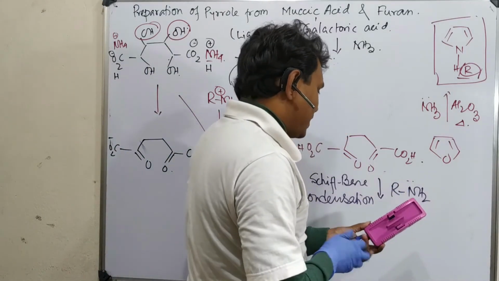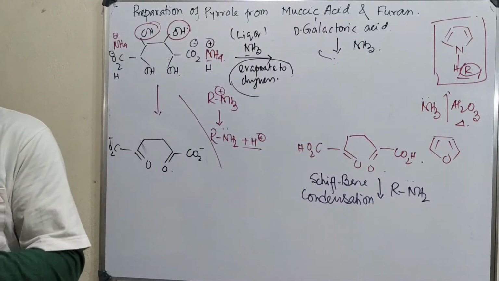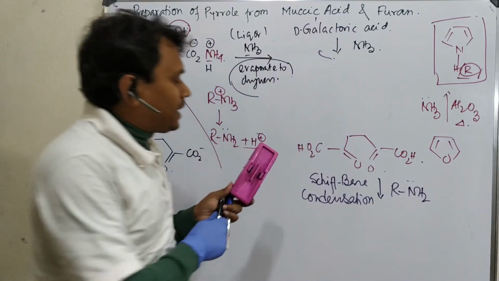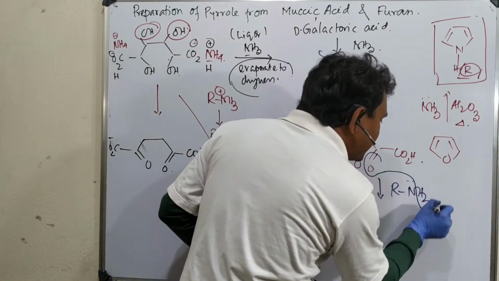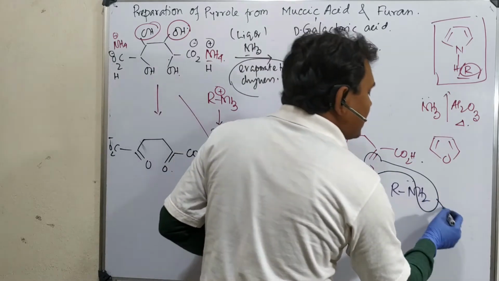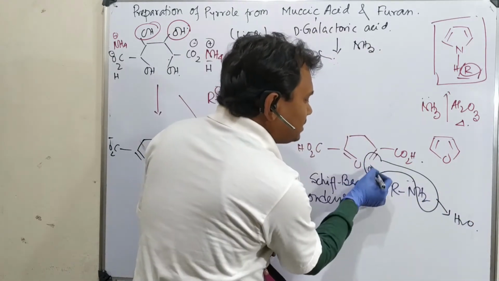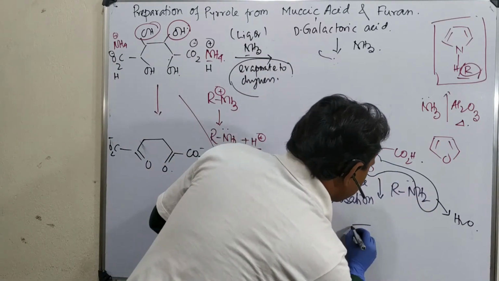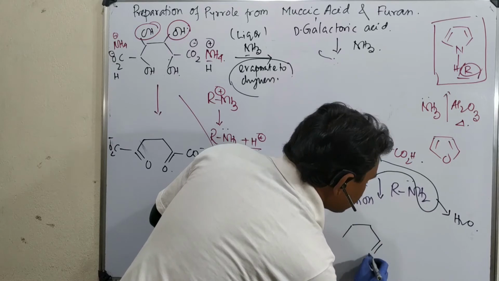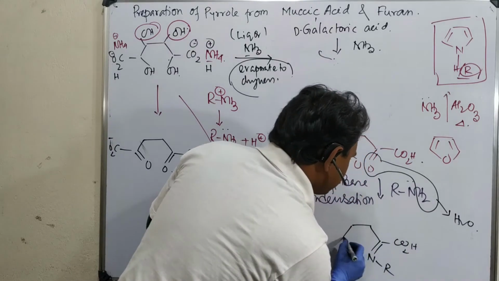You may follow a trick: you can take this oxygen and the two hydrogens of nitrogen and eliminate them as water. And what will result? This carbon and nitrogen will form a double bond, carbon double bond N, with this CO2H. Fine.